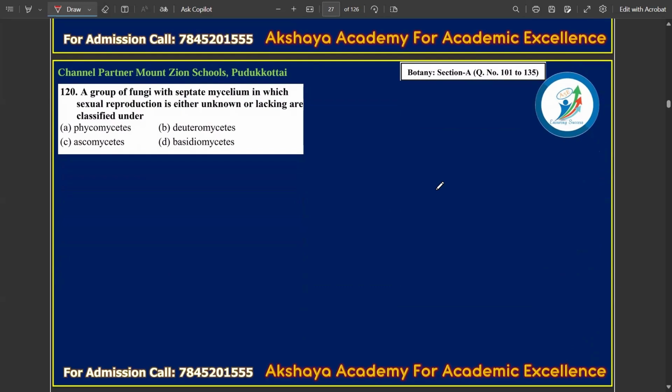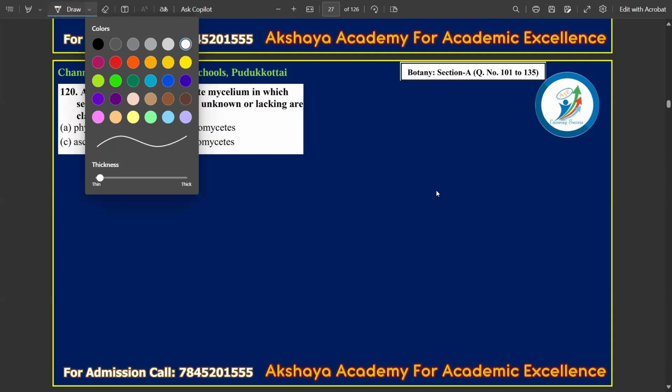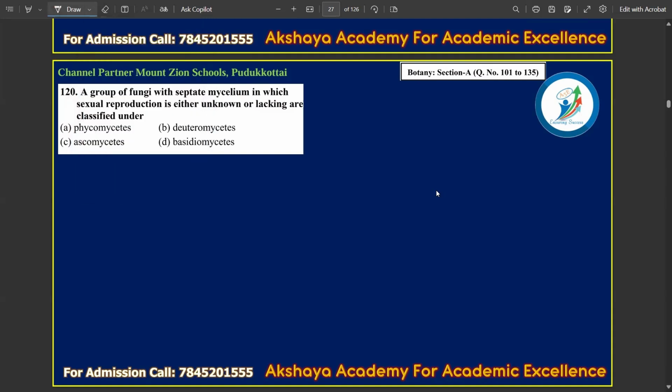Then let's check the next question. The next question is: a group of fungi with septate mycelium in which sexual reproduction is either unknown or lacking are classified into. If you remember mycelium, there are structures like this. This can be septate, or they may be aseptate.